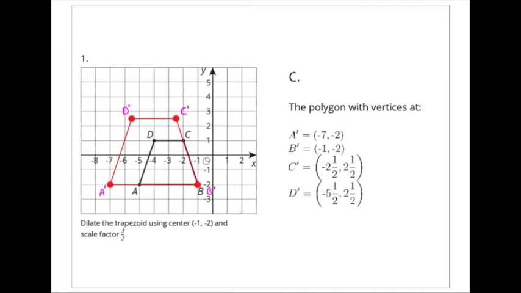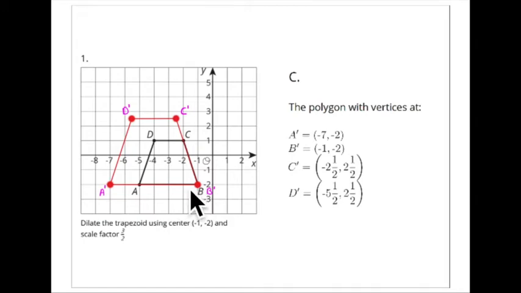And so it starts out with a trapezoid, and says this trapezoid is using a center of dilation of -1, -2. So -1, -2. So it's this point right here, and a scale factor of 3/2. So it's going to be multiplied. Each of these lengths on the original trapezoid gets multiplied by 3/2.